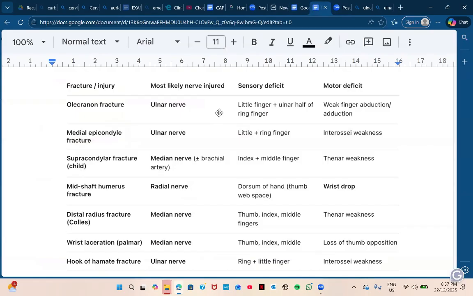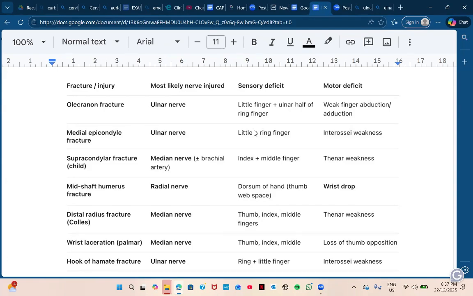So, in olecranon fracture, ulnar nerve damage can be seen. Sensory loss can be seen in the little finger and the ulnar half of the ring finger. And another thing, motor deficits: weak finger abduction and adduction. Those are the things you have to remember. And what is the specific name when there's ulnar nerve damage?